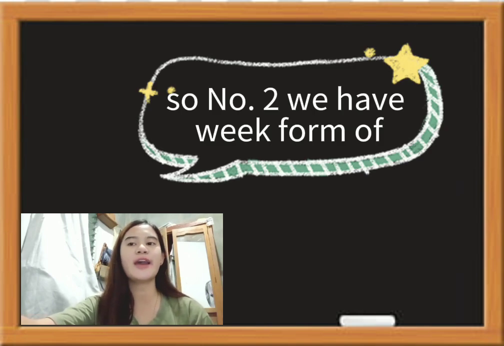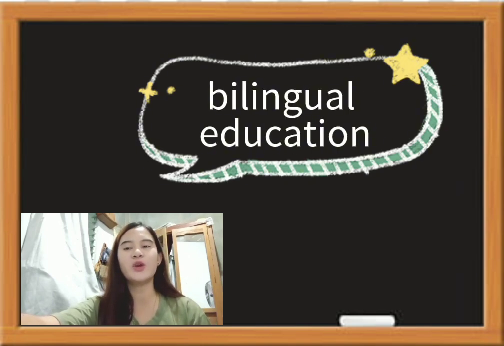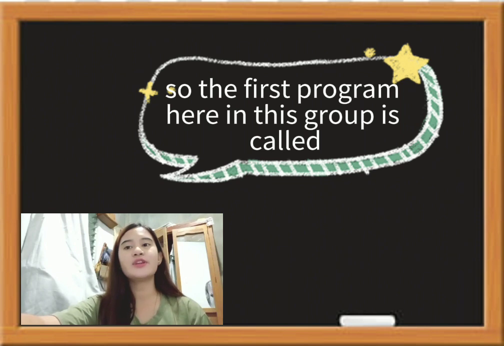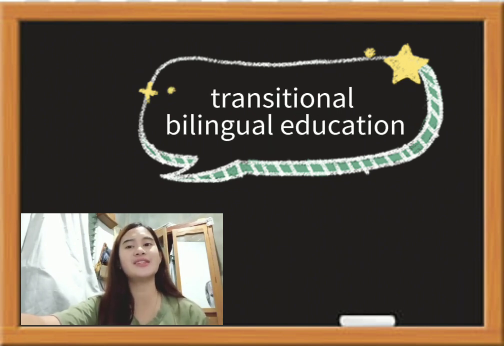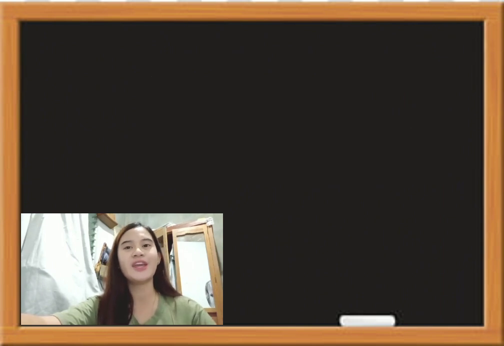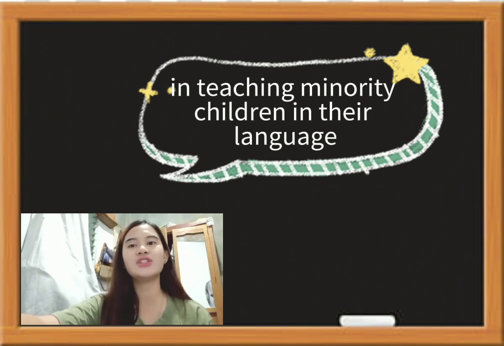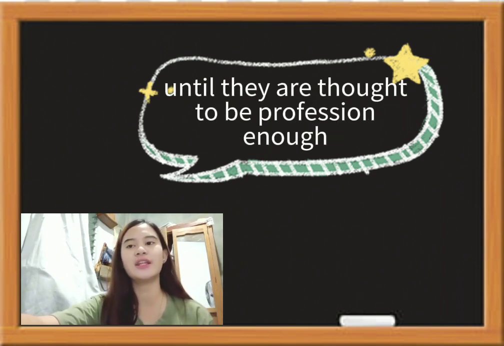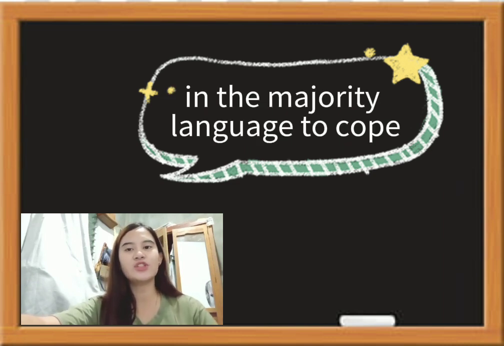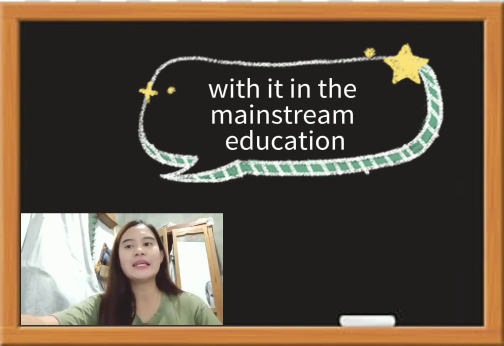So number two, we have the weak form of bilingual education. The first program in this group is called Transitional Bilingual Education. This program consists of teaching minority children in their language until they are thought to be proficient enough in the majority language to cope with it in mainstream education.